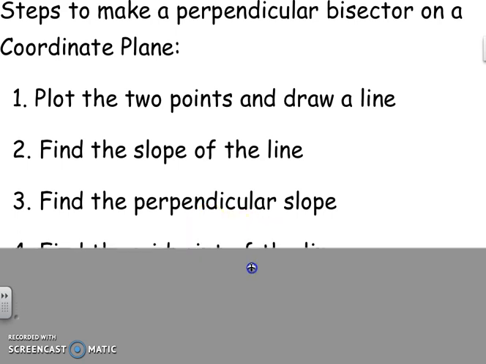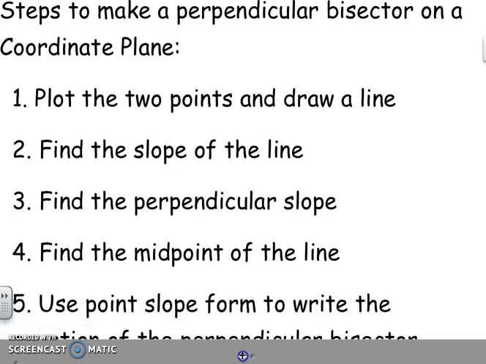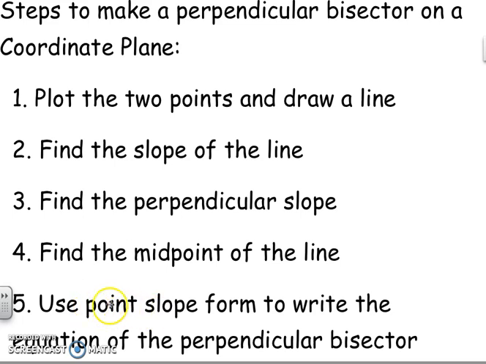Once you have the perpendicular slope, you're going to need to find the midpoint of the line, because this new line that we're creating is going to pass through the midpoint. Once you have the midpoint and the perpendicular slope, we know we can use point slope form to write the equation of our new line and graph that line.